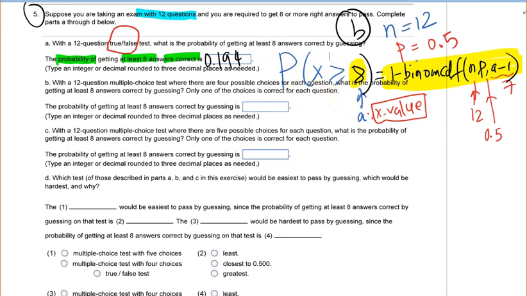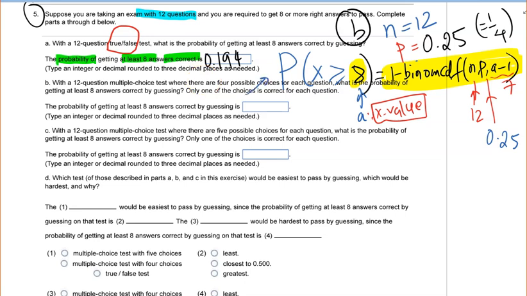Therefore, in the second question, the probability of answering correctly is not 0.5 but 0.25, pretty much 1/4, because out of 4, only 1 is correct. This is exactly similar, except you put 0.25 rather than 0.5. Does it make sense?